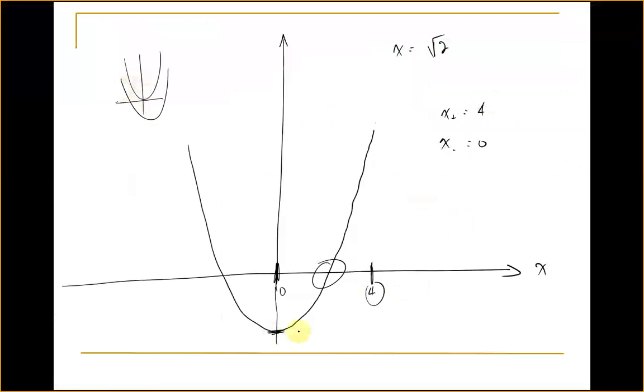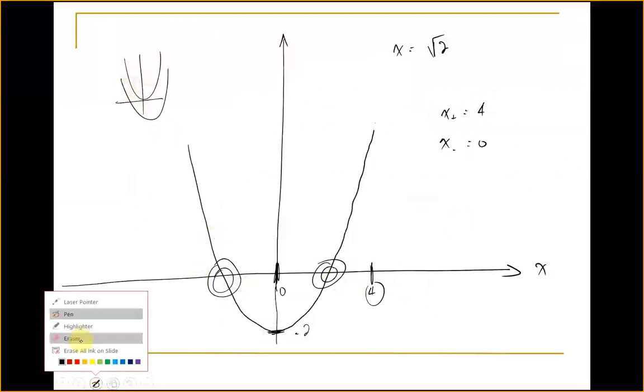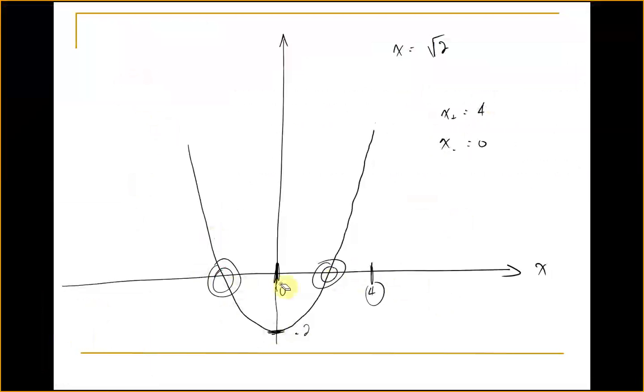That means this is now minus 2. So we have an idea of how the system will look. What we don't know is the exact values here, where it crosses the root. What we do know is we want the positive part of our answer, not the negative part. The negative part is not representative of the original problem. The square root of 2 is not going to give me a negative number.